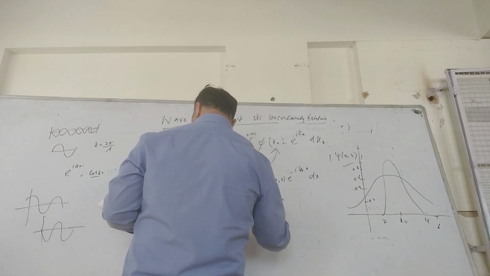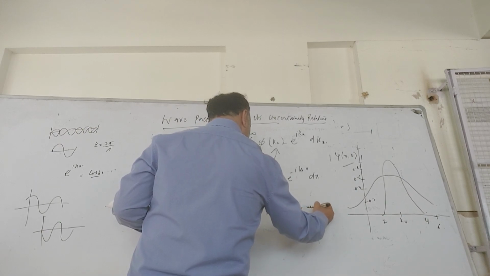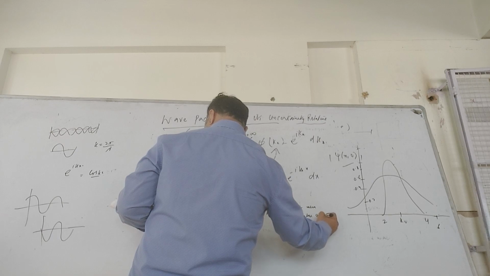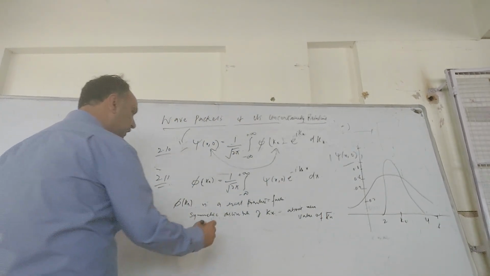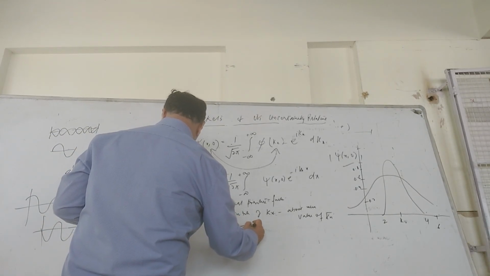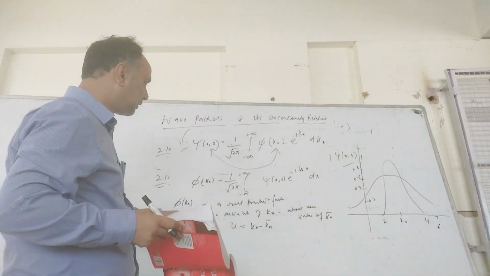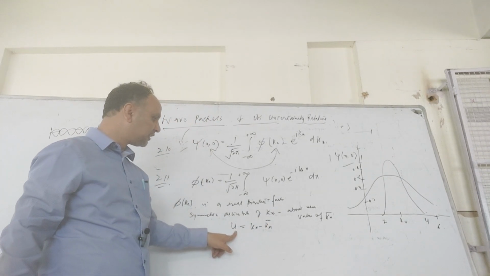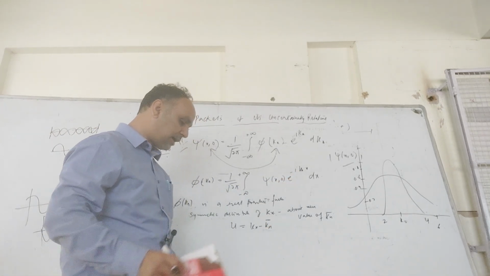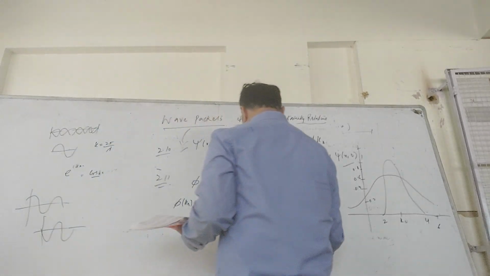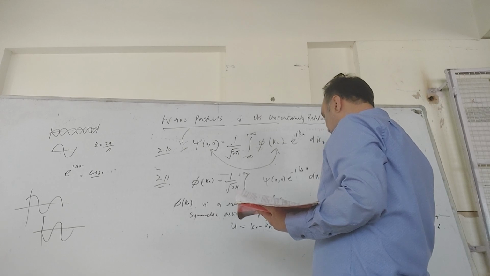of kx about the mean value kx bar. So we will make a variable change: we are going to write u in terms of kx minus kx bar. So kx will be equal to u plus kx bar.